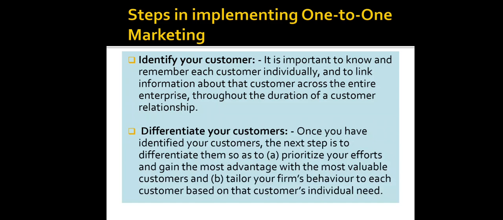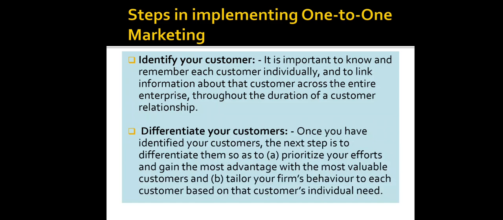So first important step is कि हमें अपने customer को identify करना है, we have to know him and we have to remember him individually. हमें हर एक customer को individually याद रखना है. And if a company has not identified its valuable customer, then it is not prepared to launch a one-to-one initiative. If you cannot remember your valuable customer, then you cannot launch a one-to-one initiative.